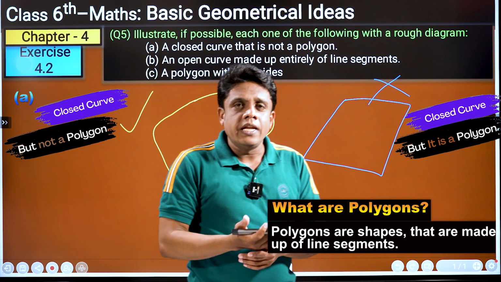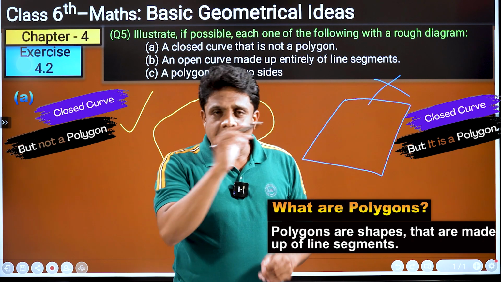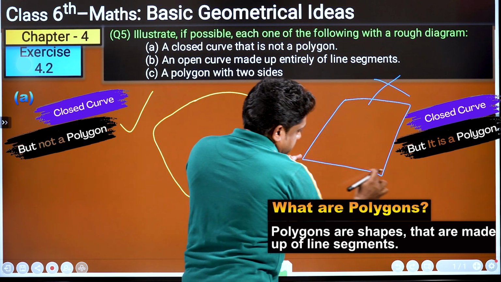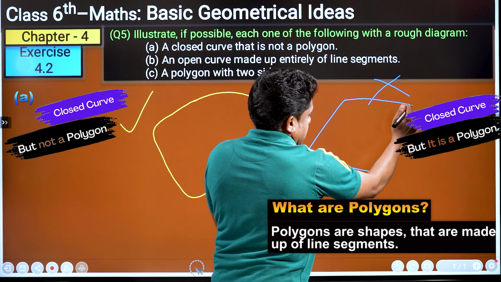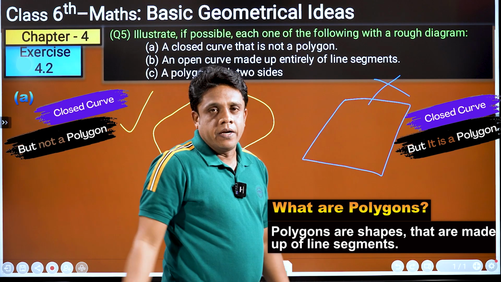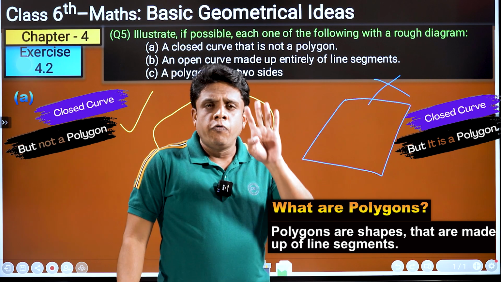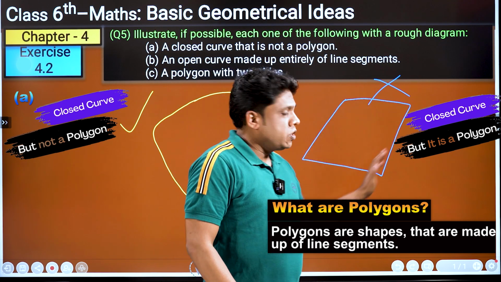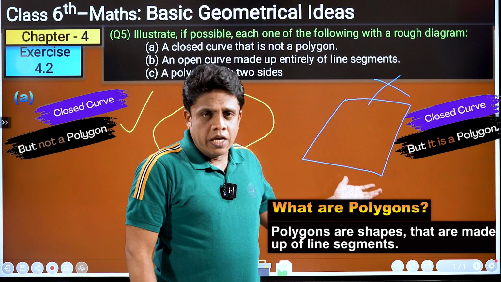Polygon means what? A polygon is completely made up of line segments. Look here: this is one line segment, this is another, this is another, and this is another. Here we have used four line segments to draw a closed curve, so it is a polygon.